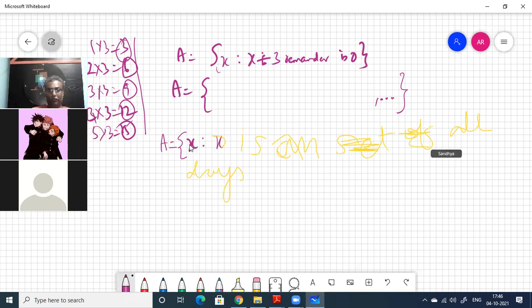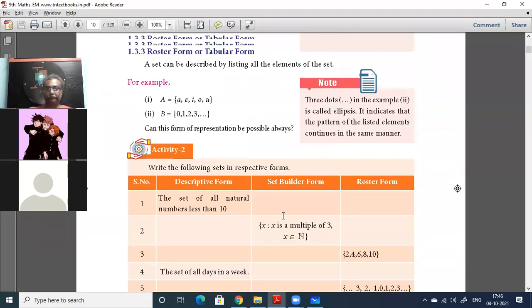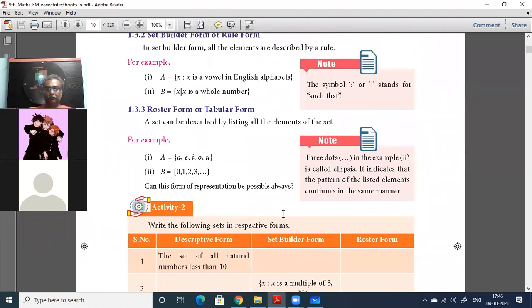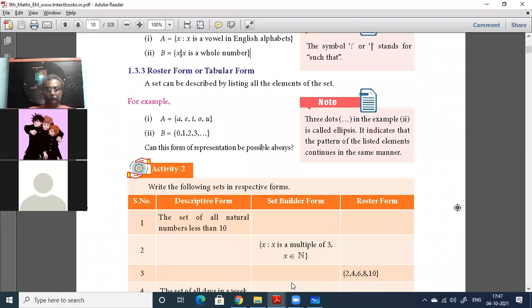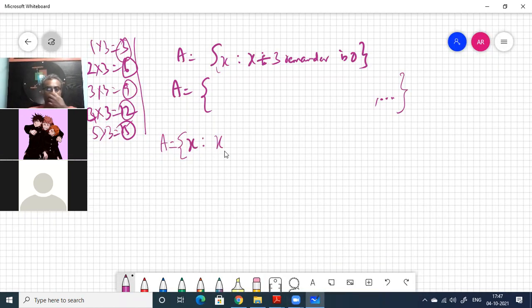x colon. What is colon? Colon means such that, no? Yes, uncle. Such that. x such that x is a what? Set of all these levels. That is set.